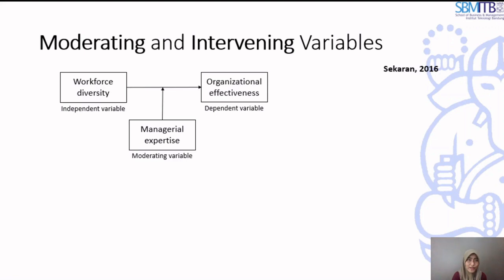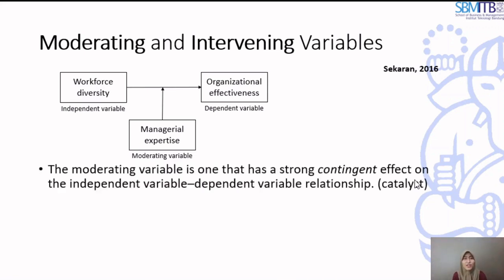The moderating variable modifies the original relationship between independent and dependent variables. In a simpler way, I consider it a catalyst, which can boost or hinder the effect of the independent variable on the dependent variable. Let's say that managers know how to encourage and coordinate the talents of various groups. It doesn't necessarily make the group work effectively.